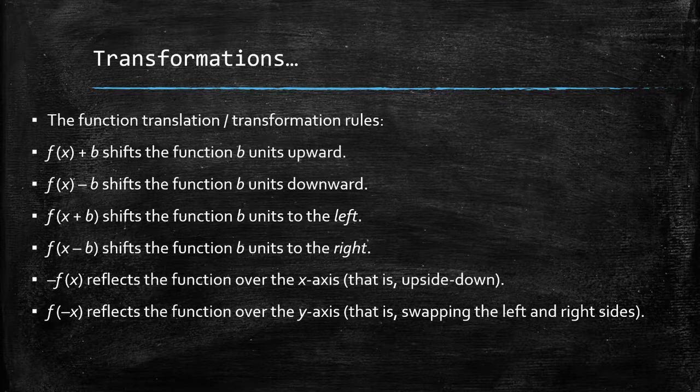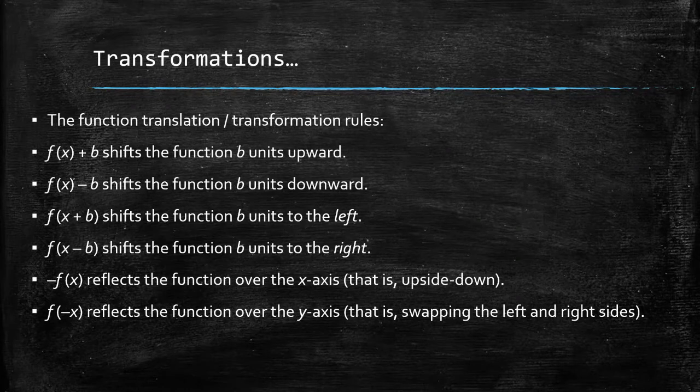When I'm adding or subtracting inside the parentheses, the square root, the absolute value, inside a container of some sort, if you will, I'm moving the graph left and right. Remember that left and right is always opposite. So plus means left, minus means right.